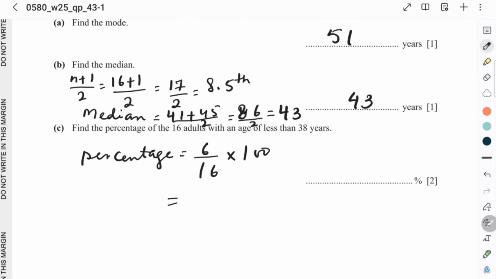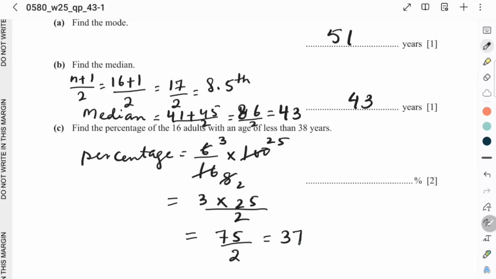You can cancel it with the 4 times table or 2 times table, or take the calculator. 2 times 8 is 16, and 25 times 3 makes 75. So 75 upon 2, that is equal to 37 whole 1 over 2, or 37.5%. Okay, let's move to the next one.